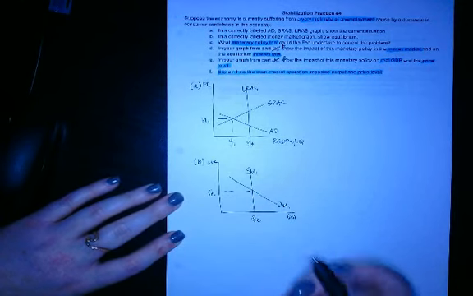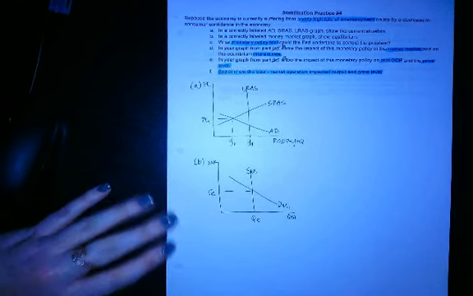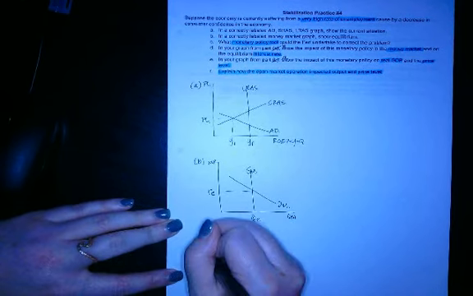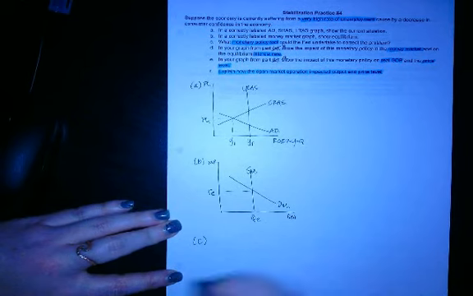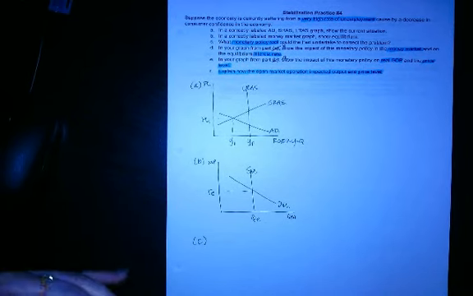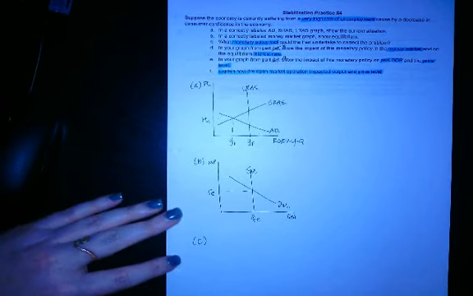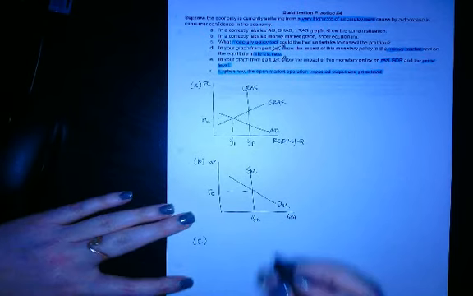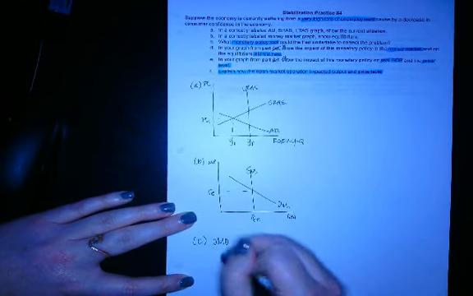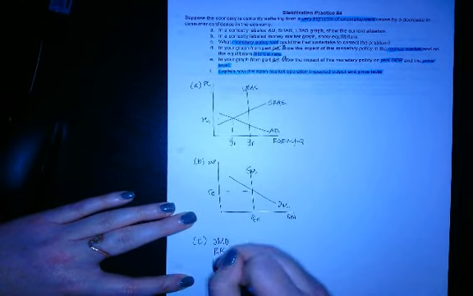What monetary policy tool could the Fed undertake to correct the problem? So it's not specifying what tool, it's just saying what tool. We have 3 different tools that the Fed has access to influence the economy. They have open market operations, the reserve requirement, and the discount rate.